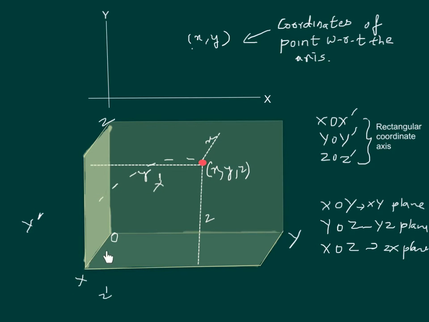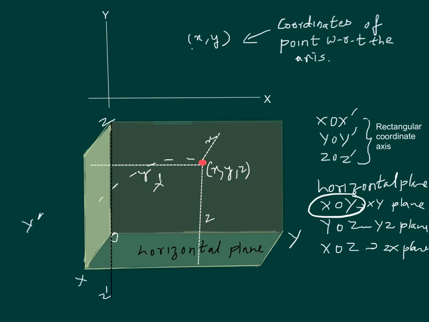If we consider the XY plane as the plane of paper or the horizontal plane, then the line ZOZ dash is perpendicular to the horizontal plane. In other words, the line ZOZ dash is the vertical to the plane.